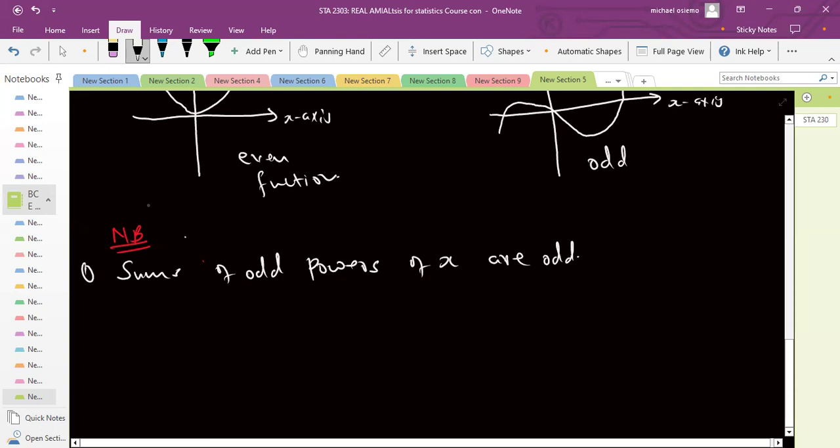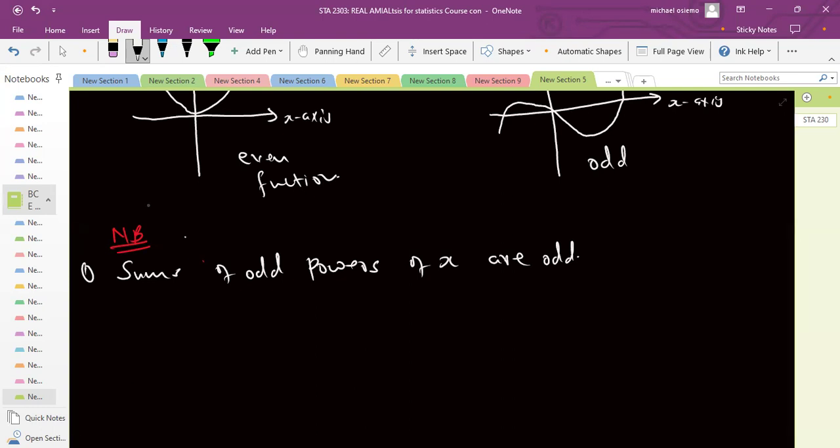For example, when you speak about odd powers of x, remember we have even and odd. So odd powers we have, for example, x cubed, x raised to power 5, 7, 9, like that. Those are odd powers, and therefore it will be odd.